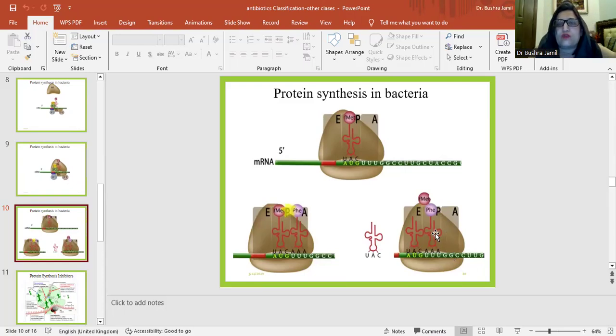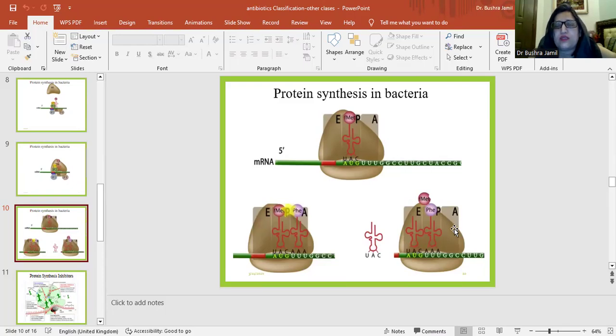As a result of this, now the peptide chain would be at the P position, and the transfer RNA at the E site. It has already donated its amino acid at the P site, so it's now empty and it will be released.